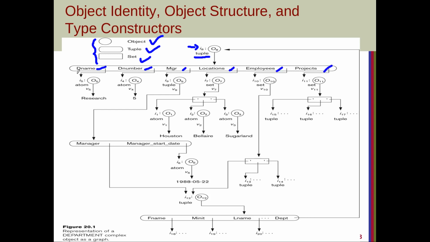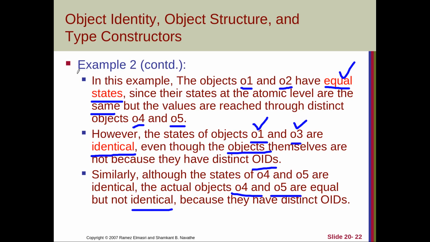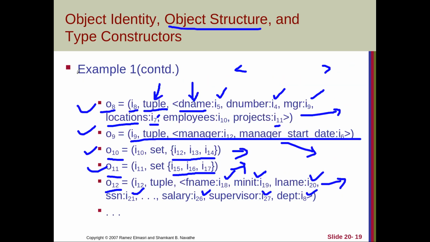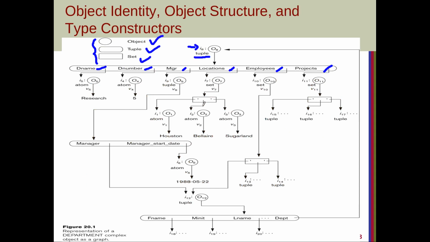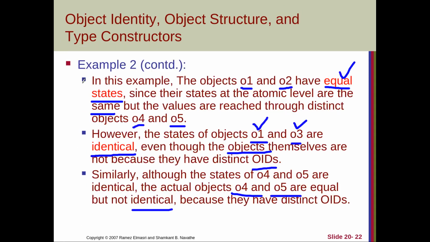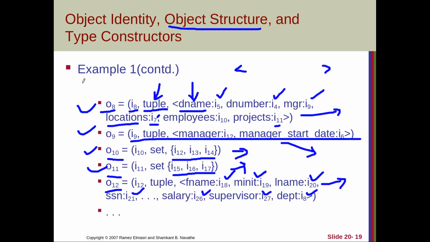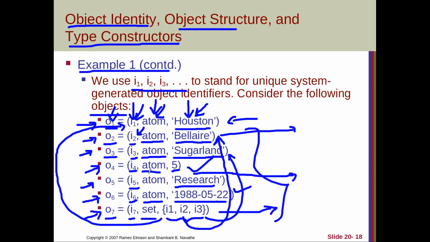Now we will see what department name is there. Department name is I5. What is I5 there? I5 is an atomic value, that is research.